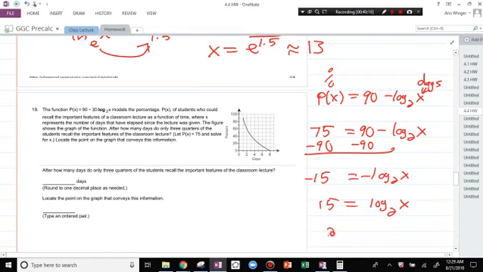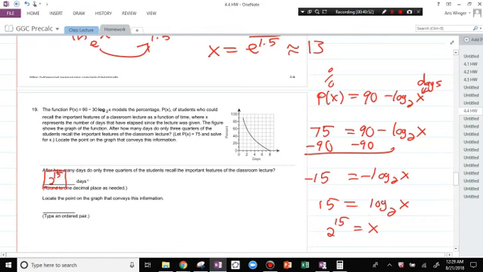This number looks huge, so 2 to the 15th is equal to x. Round to 1 decimal place as needed. I'm trying to see. This models the percentage of students who could recall the features of the classroom as a function.